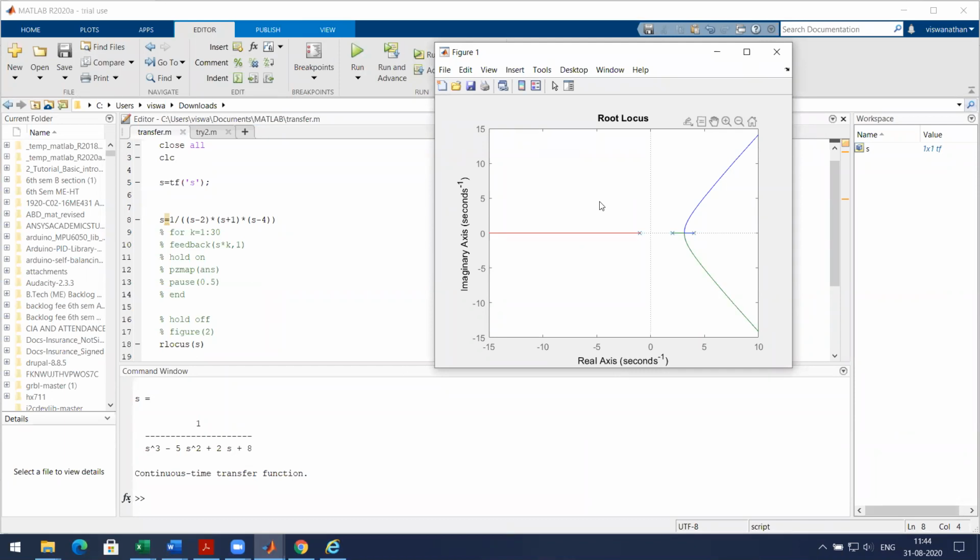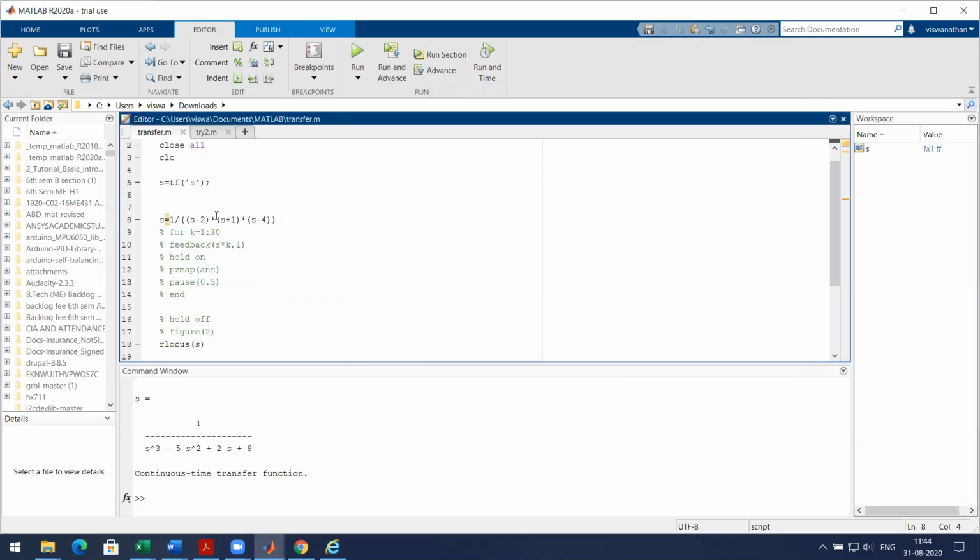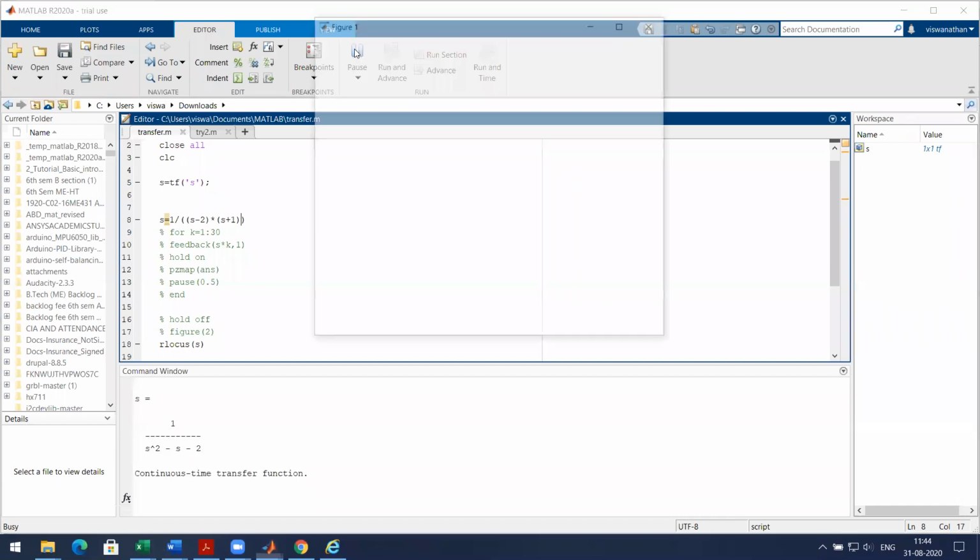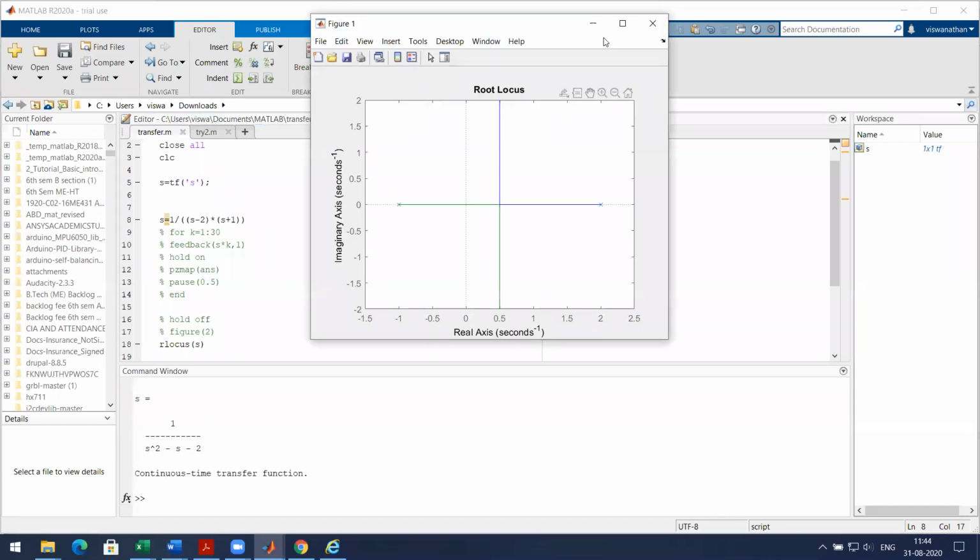So if I have 1 divided by (s minus 2)(s plus 1), only 2 poles, then one pole is at -1, one pole is at 2. These two meet over here and go to infinity.